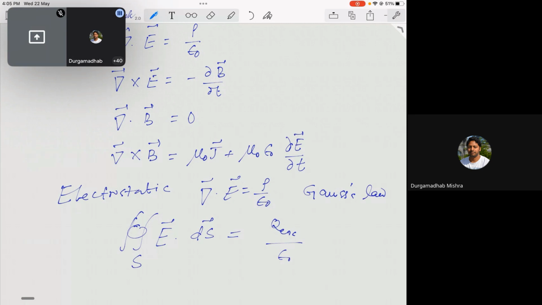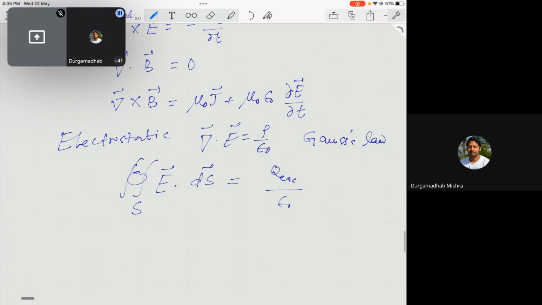Depending on the symmetry of the charge distribution, you can create a surface, called a Gaussian surface, and use that to calculate the electric field.